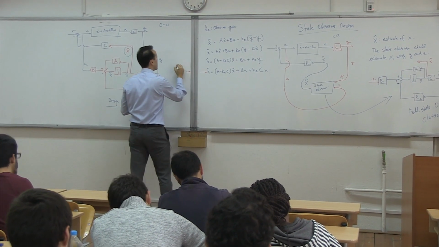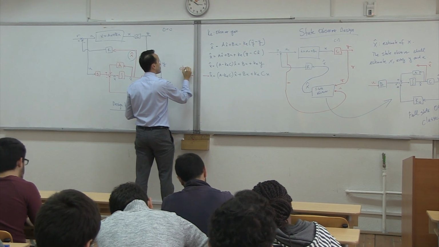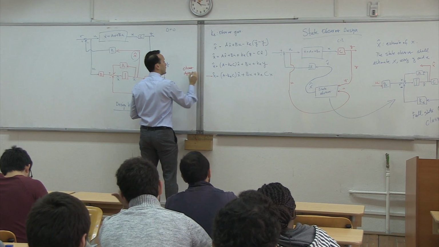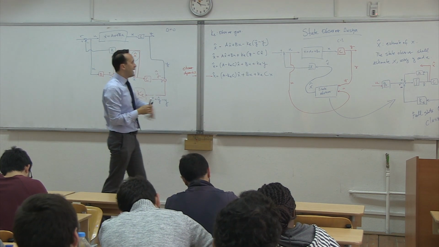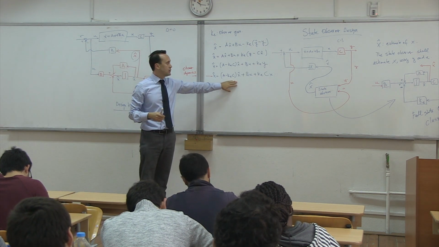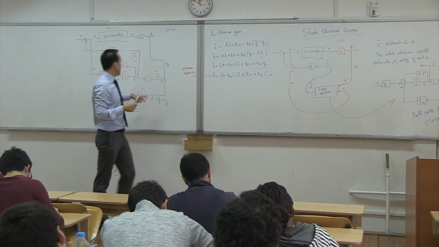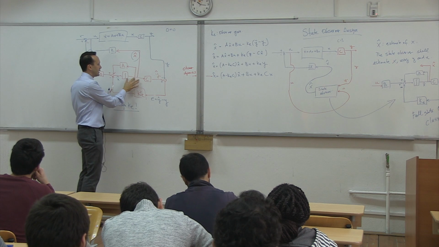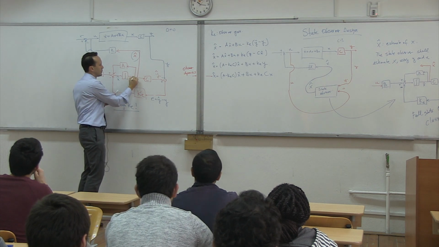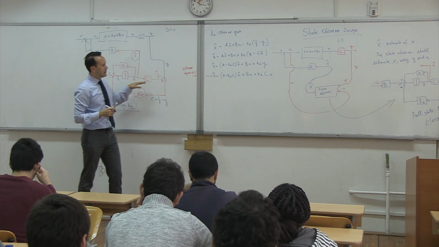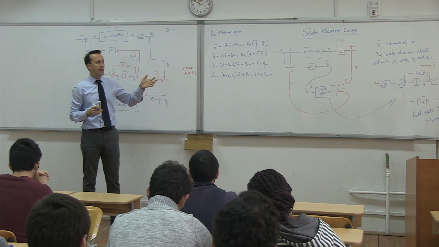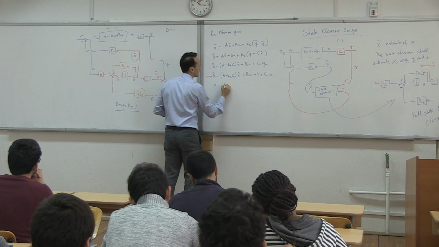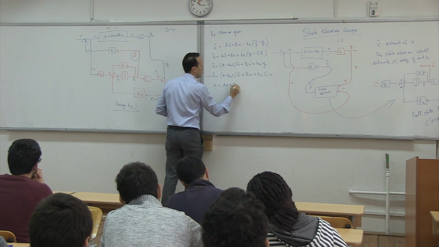So this is the observer dynamics. You see that this x hat, now this is an equation in x hat. It's an equation of the estimation of x. Okay? This here is a hat. So it's the dynamics of the x hat. The real dynamics is this one: x dot is equal to ax plus bu.